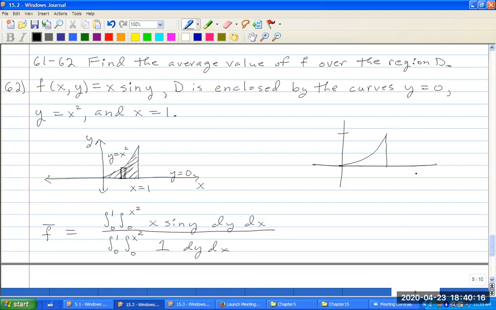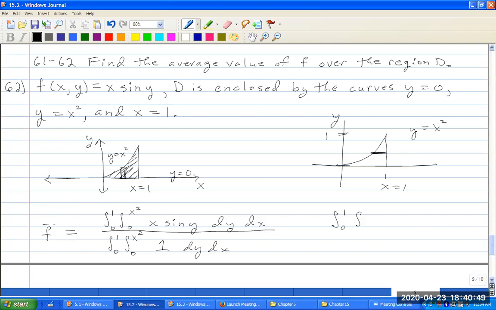Okay, so now, this is 1 here. And since y equals x squared, this is 1. So y goes between 0 and 1. But now, what is x? So x here in this slice goes up to x equals 1.